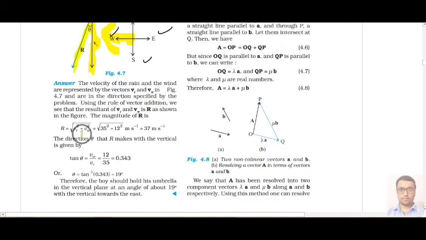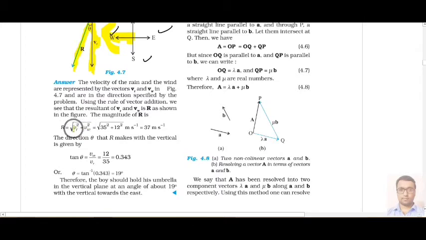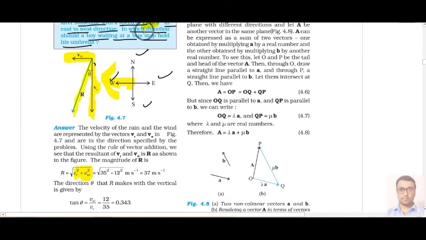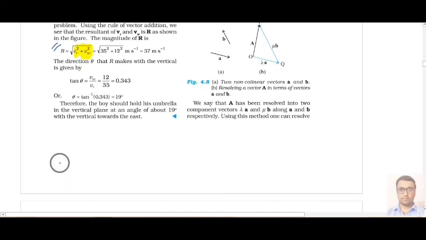So its magnitude will be under root of VR square plus VW square, because here you can see that the angle between both the vectors is 90 degrees. So we can calculate it by Pythagoras as well, and this will become under root of 35 square plus 12 square, that is 37 meter per second. Then it is asking what will be the direction theta that R makes with vertical.